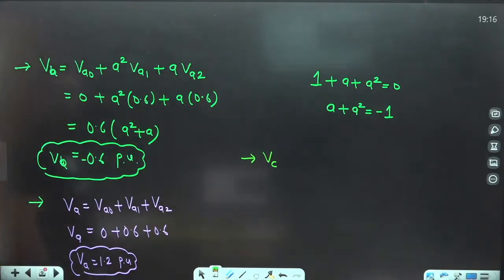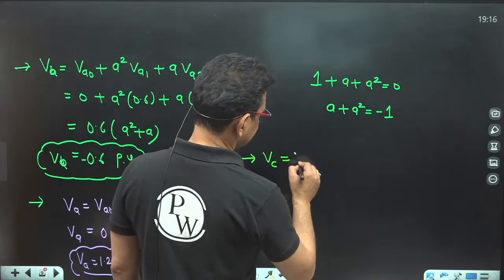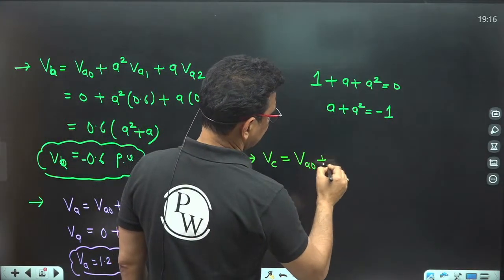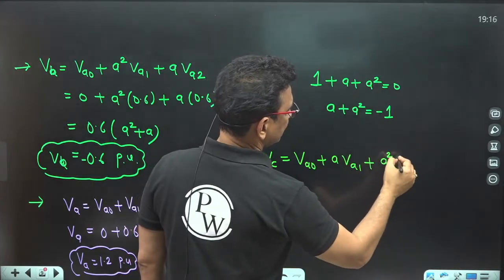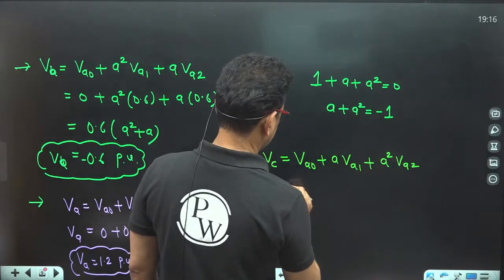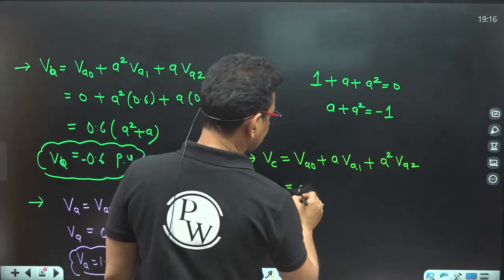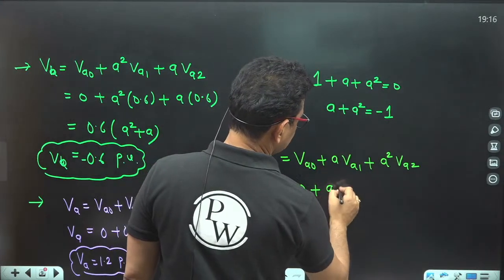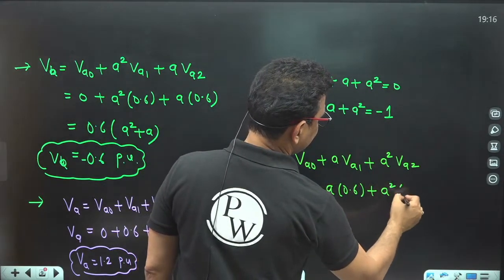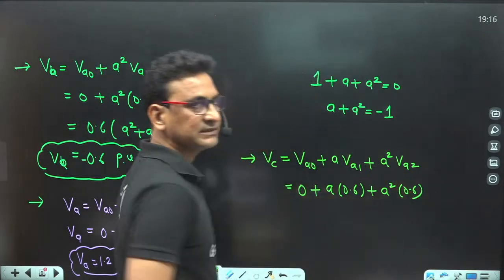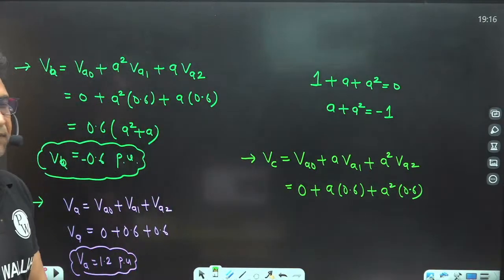VC is VA0 plus A into VA1 plus A square into VA2. VA0 is the 0, and the values of VA1 and VA2 are both equal to 0.6 only. Just put in the values of VA1 and VA2.